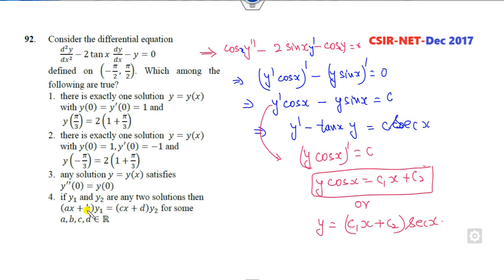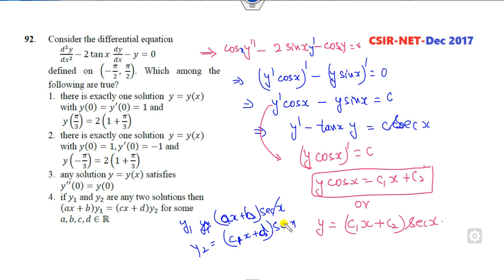Now you can see there are two solutions y1 and y2. I can write c1 x plus c2 secant x, calling the constants A, B, C and D. This is my y1, this is my y2.